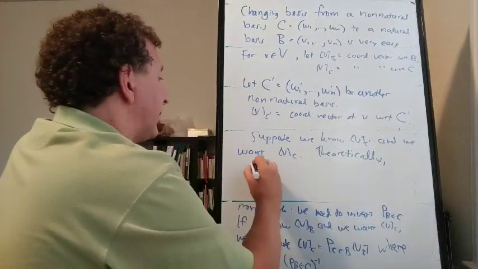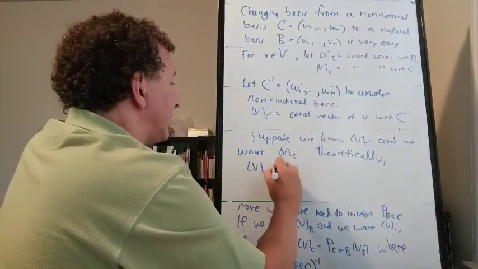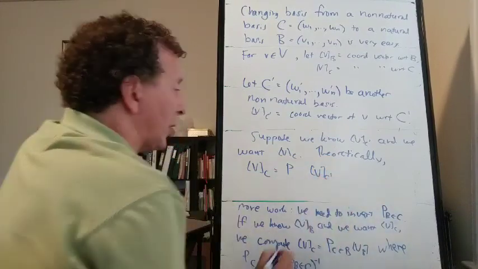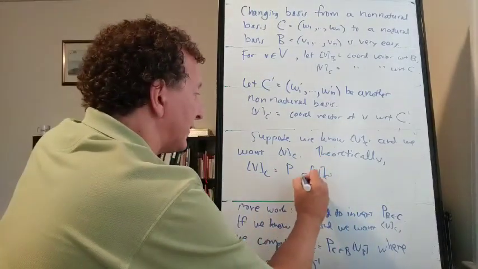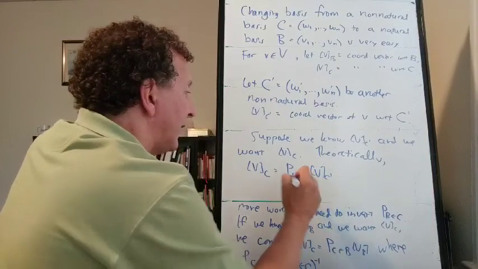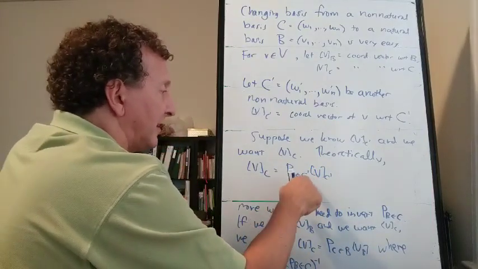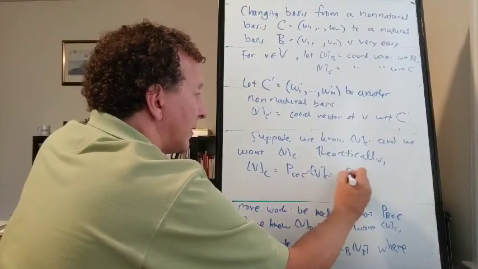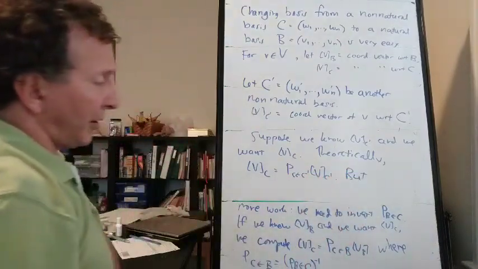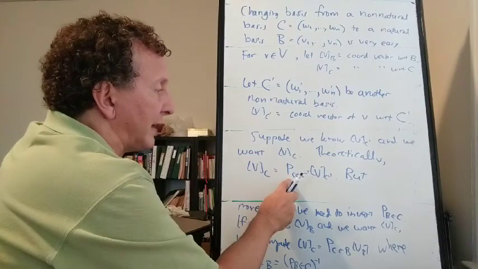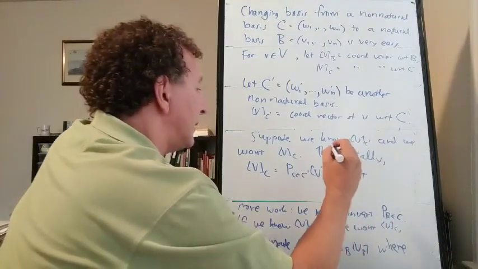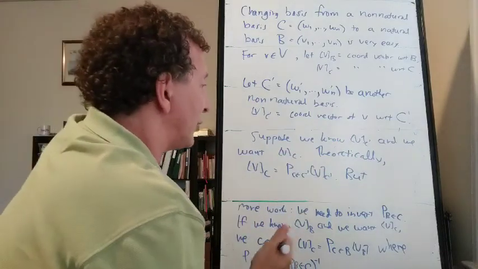So theoretically, the coordinate vector with respect to C is a matrix times the coordinate vector with respect to C prime, and this is the change of basis matrix that turns C prime coordinates into C coordinates. But unfortunately, this matrix and its inverse are not so easy to find, at least not directly.